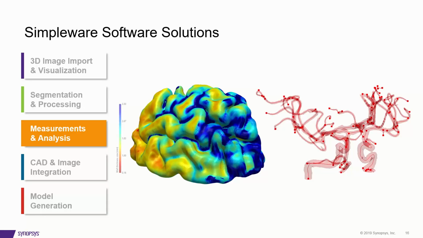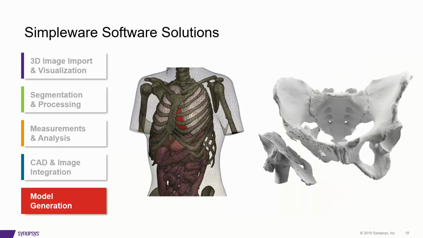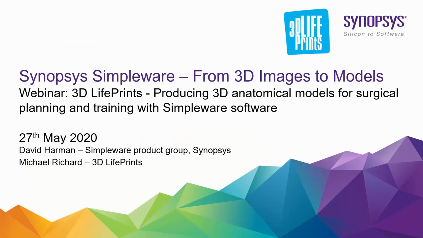So we can look at wall thickness, automatic wall thickness analysis, and also things like centerline analysis, through to CAD and image integration for assessing the positioning and sizing of different implants and how they affect the end result for the patient, through to model generation, whether that be for 3D printing or for simulation with a mesh for FEA, for instance, or CFD.